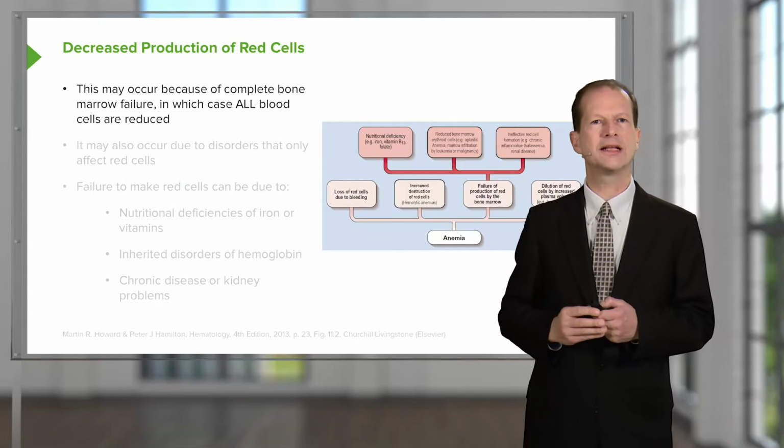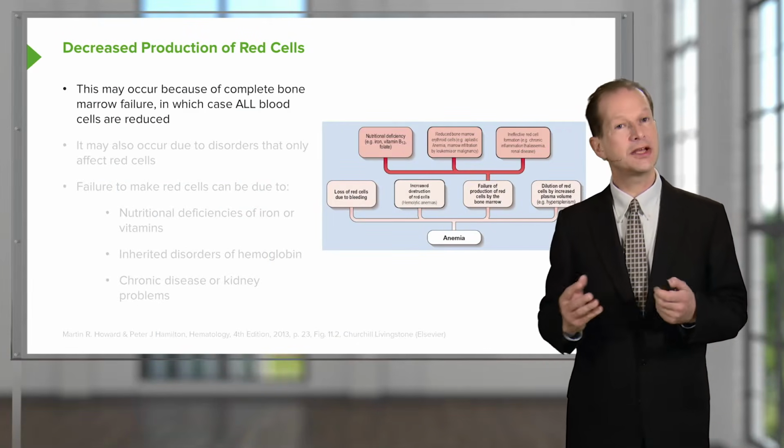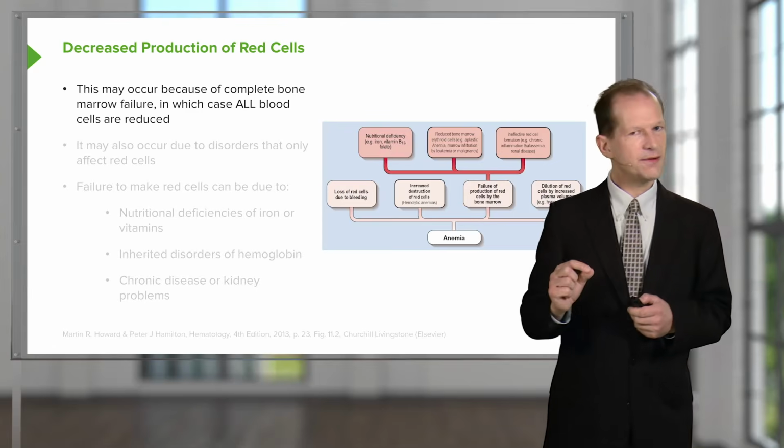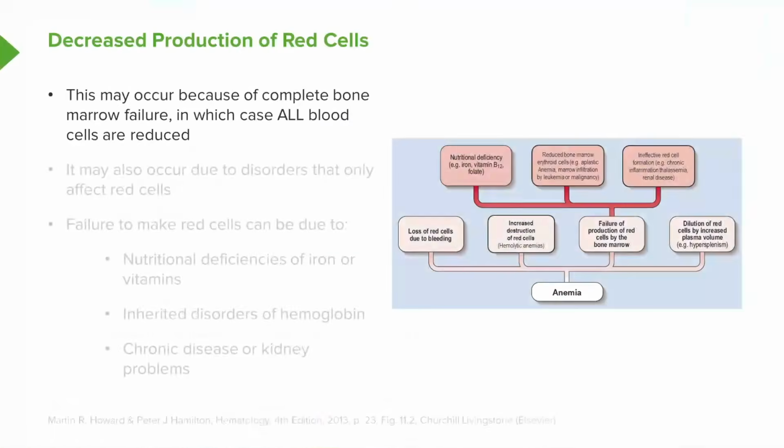Let's look at this in a little more detail, particularly on the decreased production of red cells. Now, there's a key factor here to remember. You may get a decreased production of red cells because of a complete bone marrow failure. Now, in that case, all the blood cells in the blood will be reduced, the white cells and the platelets. So it's normally quite apparent.